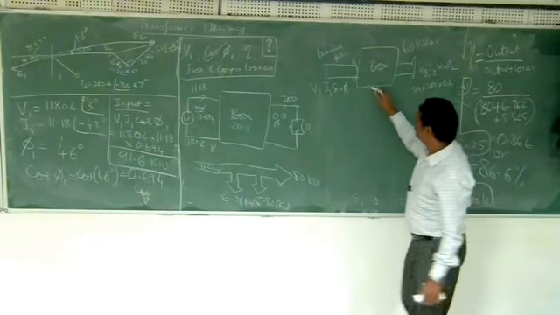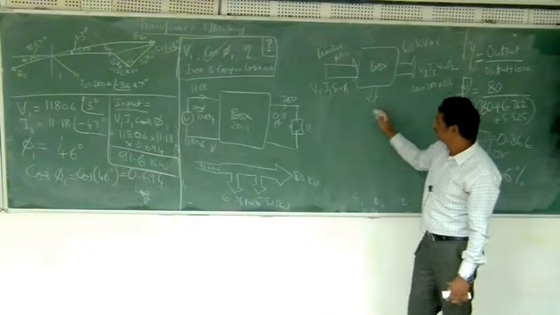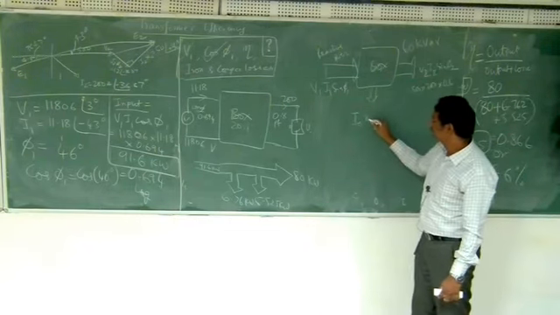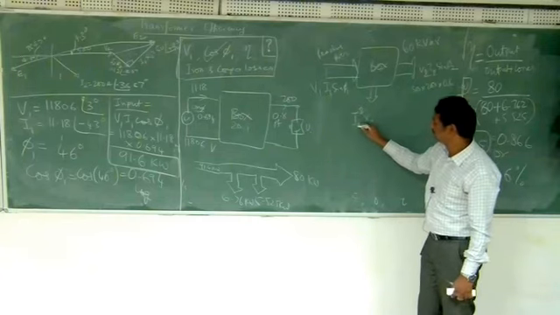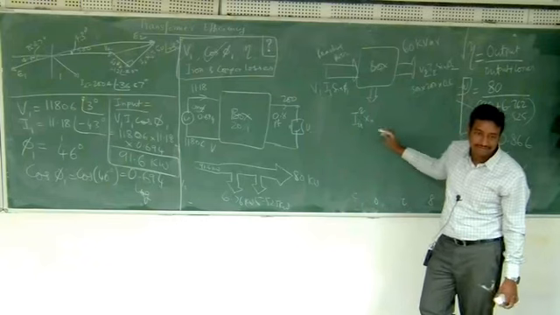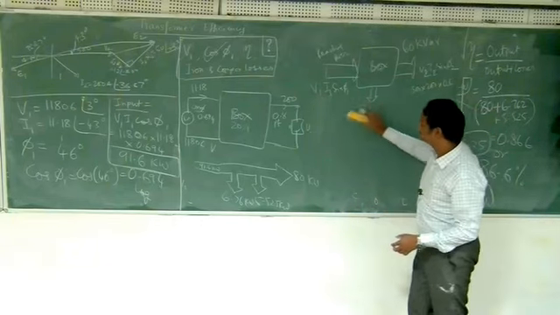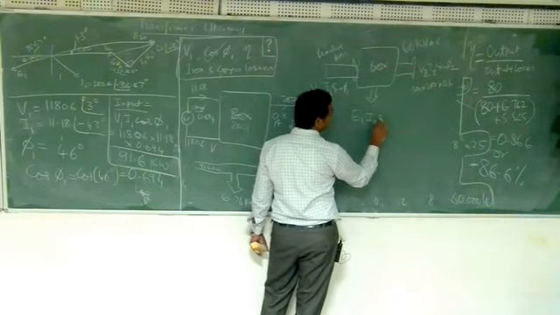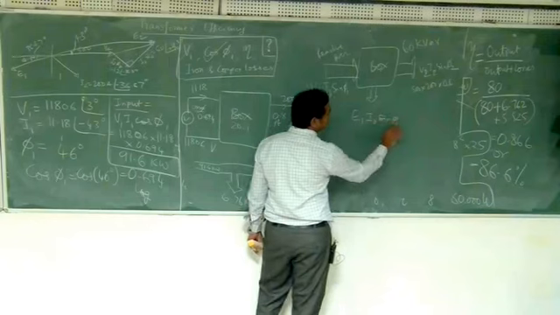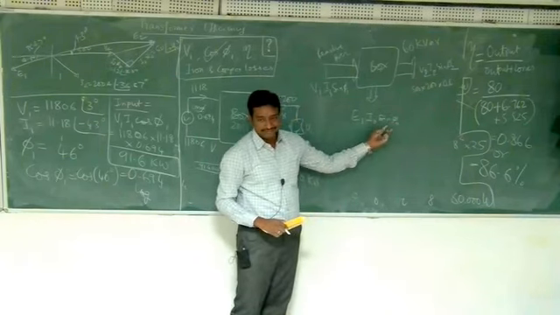And how much will be the losses? This will be I naught square x naught, I mu square x naught, something like that. But we don't have these two values. So what's the other way? Remember, it will be E1 I naught sine phi naught. You know E1, you know I naught, and you know sine phi naught.